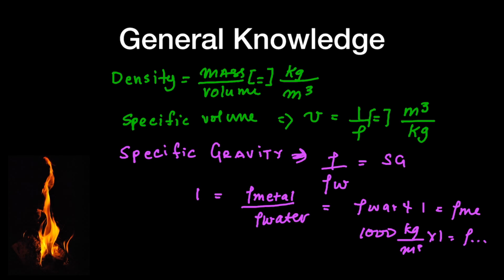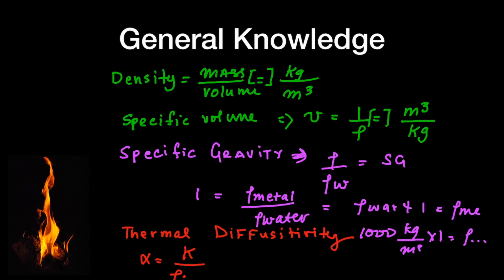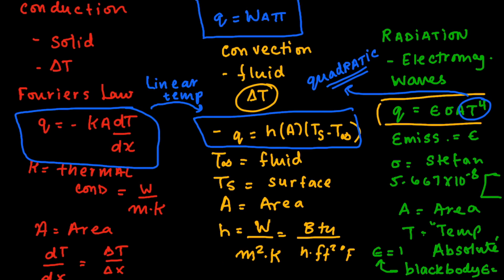One more term that's really important is thermal diffusivity. It's just a definition, just keep in mind K over density times Cp. We know what K is, right? It's from the conduction part.